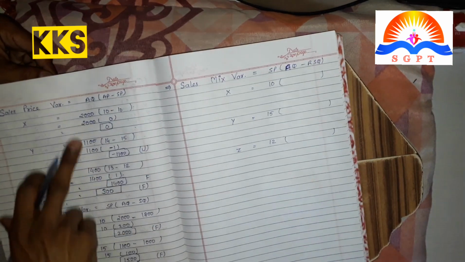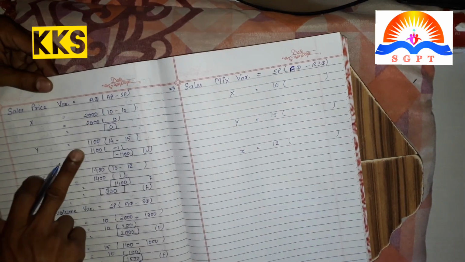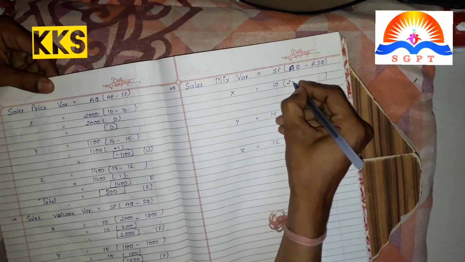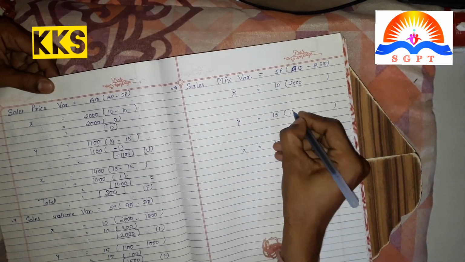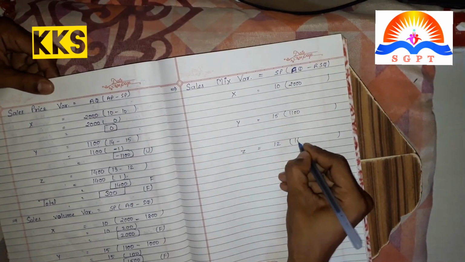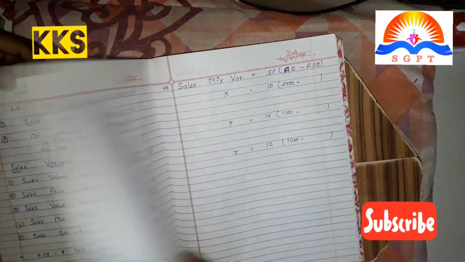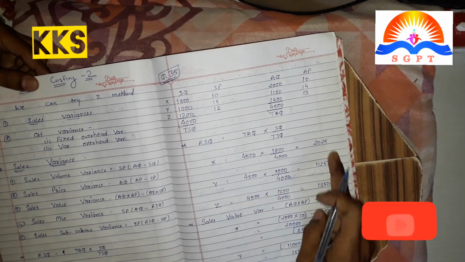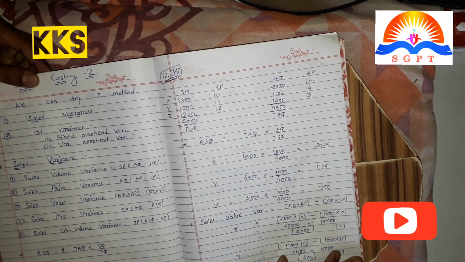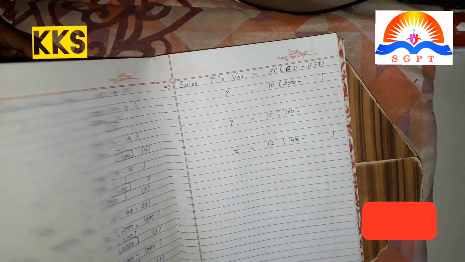AQ we can use from here: 2000, 1100 and 1400. RSQ we have already calculated: 2025, 1125 and 1350.